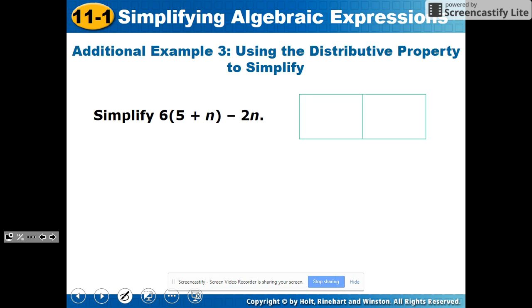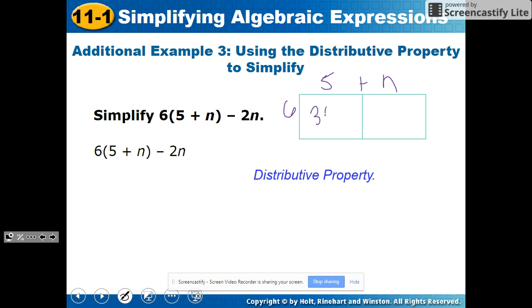So we're going to use the distributive property to simplify the expression. So first, you need to use the distributive property. So what we did yesterday is 6 here, and then 5 plus n. So we're going to multiply 6 times 5 and get 30, and then 6 times n and get positive 6n.